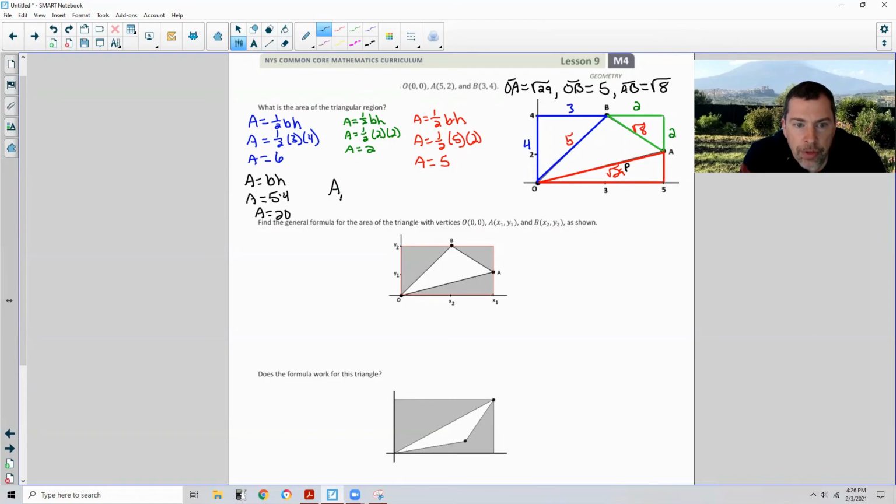The area of the triangle inside here, I'll name it triangle ABO, equals the area of the rectangle minus the areas of the 3 triangles outside, because the total of the four triangles is the area of the rectangle. So the area is 20 minus 6, which is 14, minus 2 is 12, minus 5 is 7 units squared. Okay?